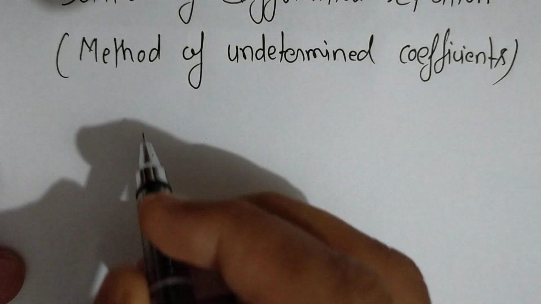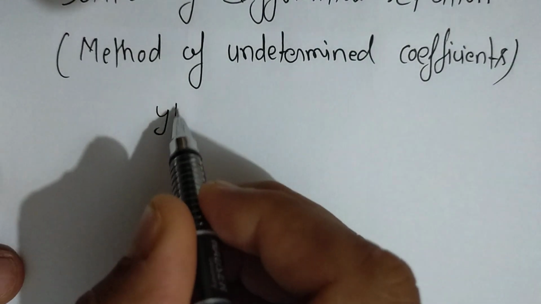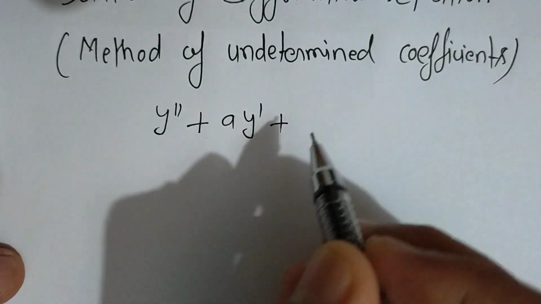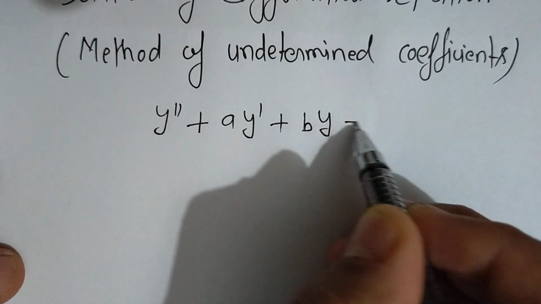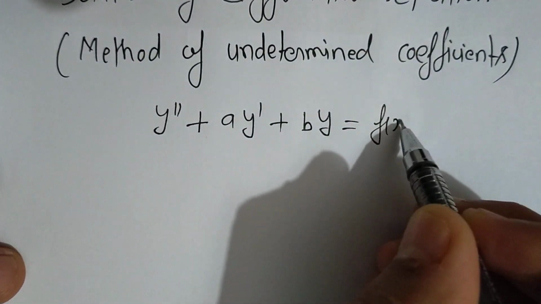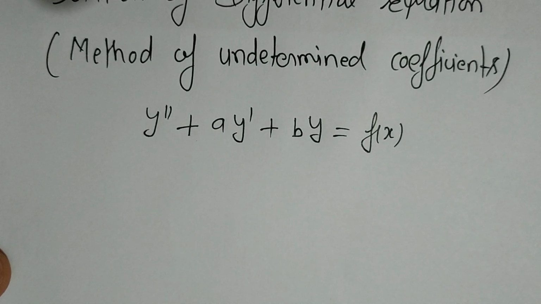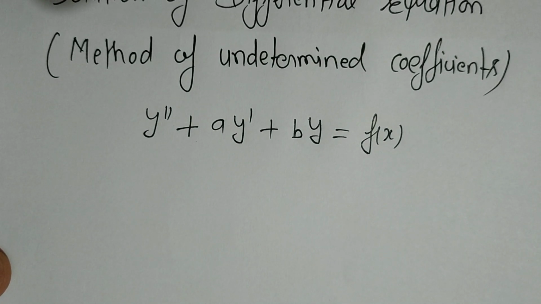So let us have y double dash plus ay dash plus by equal to f of x. So this is the non-homogeneous second order differential equation where a and b are constant.